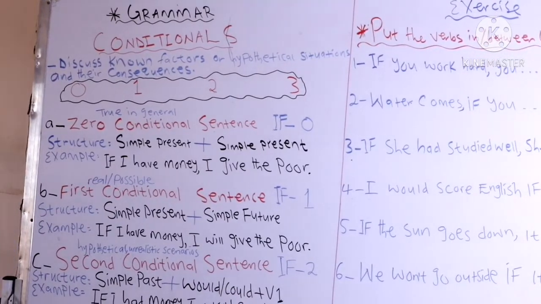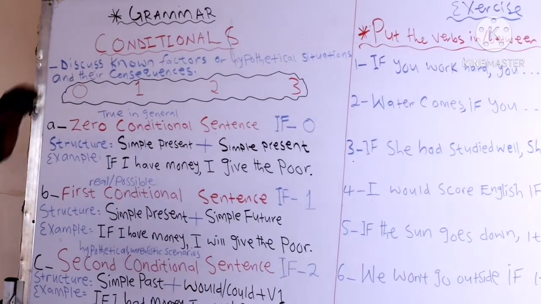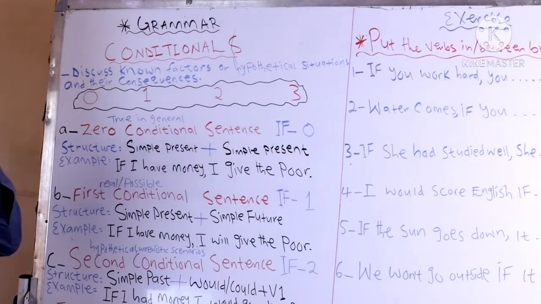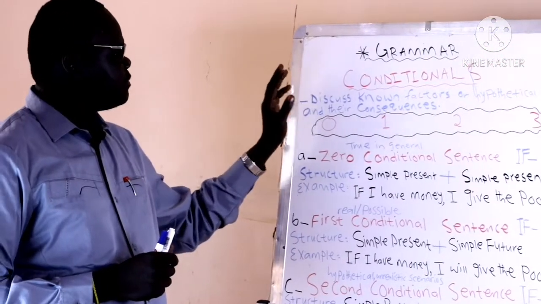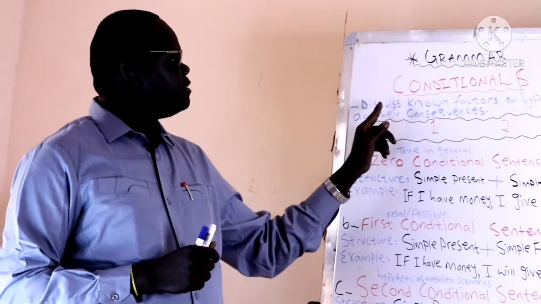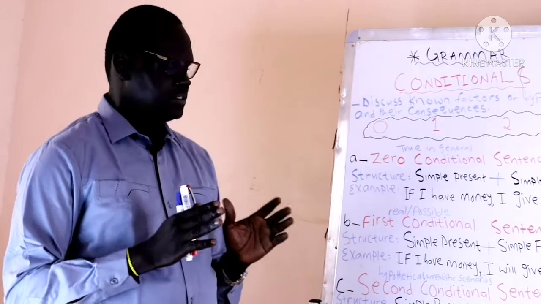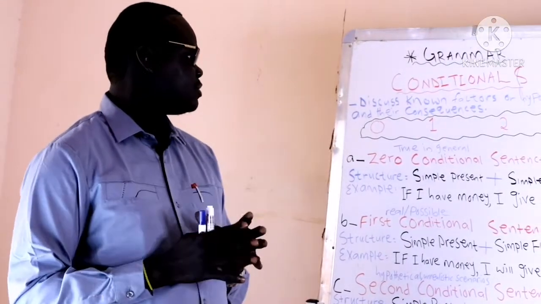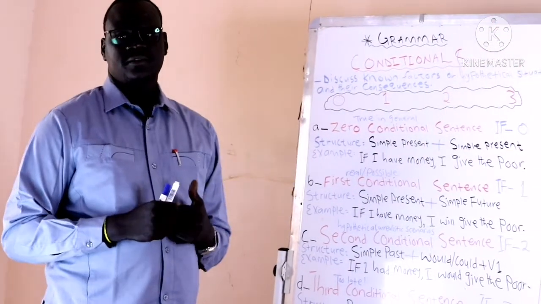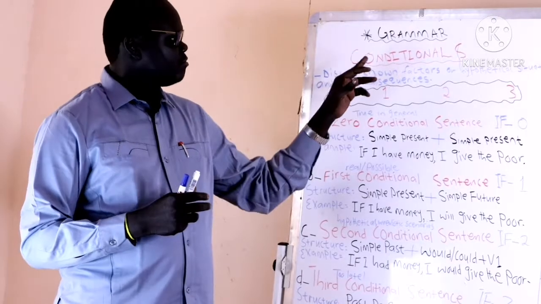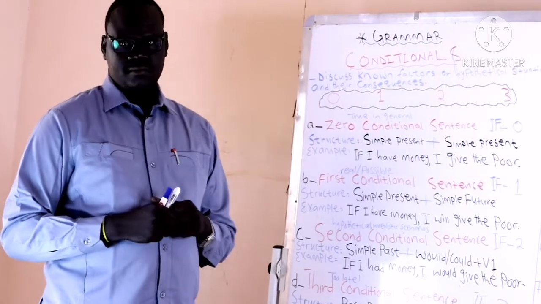So they are very important indeed. The definition of this kind of grammar is that they discuss known factors or hypothetical situations in relation to their consequences. That is the definition of a conditional.